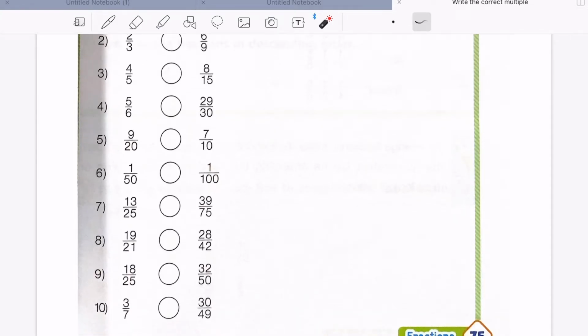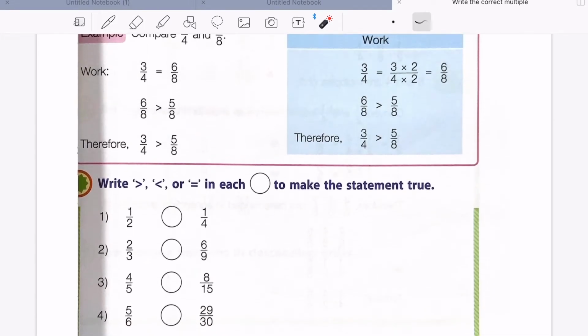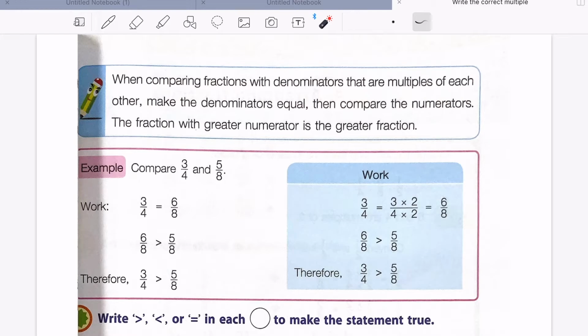Let's turn our books to page 75, page 75 in our math books. All right, so today we're going to be comparing fractions with different denominators. So let's take a look and read together.